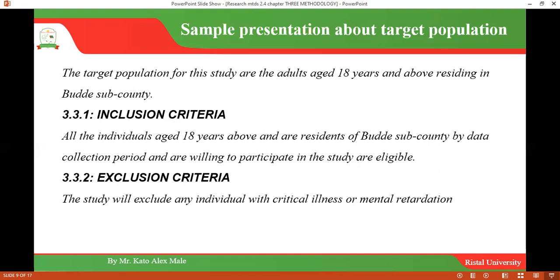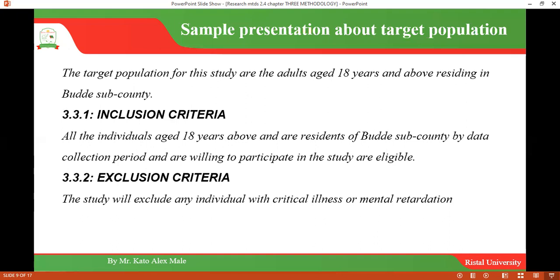I will say all the individuals aged 18 years and above and are residents of the sub-county by the data collection period and are willing to participate in the study are eligible. That is my inclusion criteria. So, are you aged 18 years and above? Yes. Are you a resident of the sub-county? Yes. Are you willing to participate in this study? Yes. Then you can be recruited or you are eligible to participate in the study.